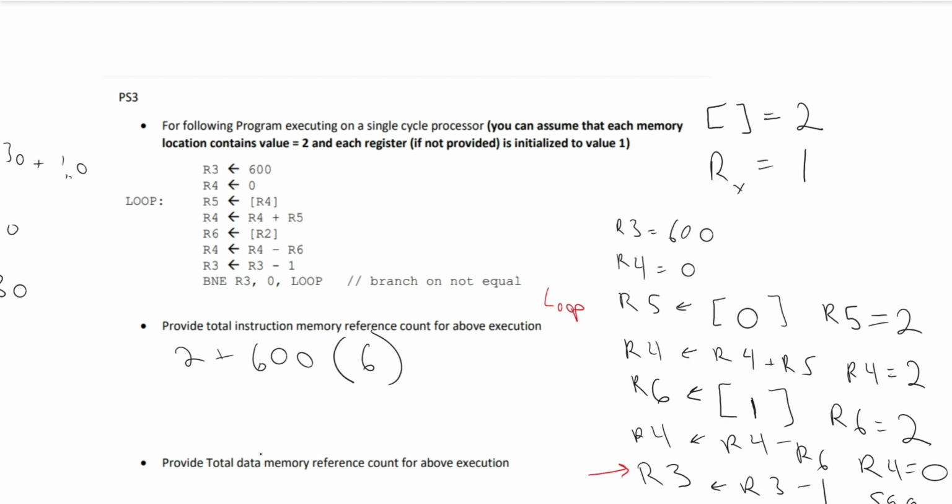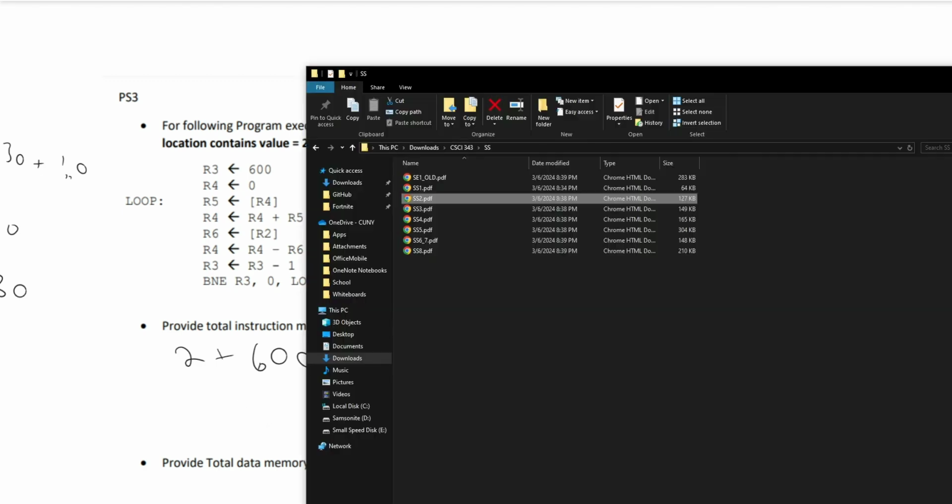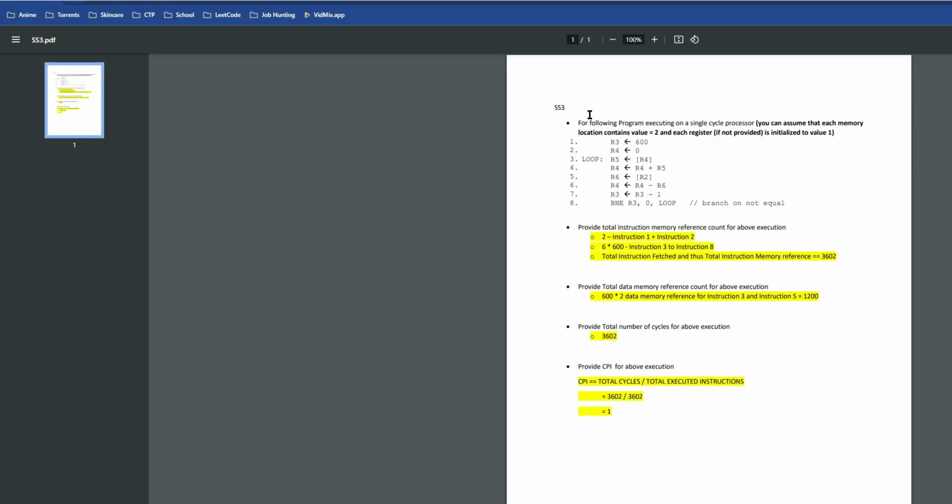Let me check. Actually, I'm not even sure. It says here instruction 1 plus instruction 2. I don't know what that means. Let me see how you wrote it.